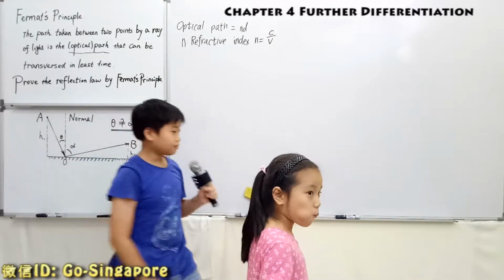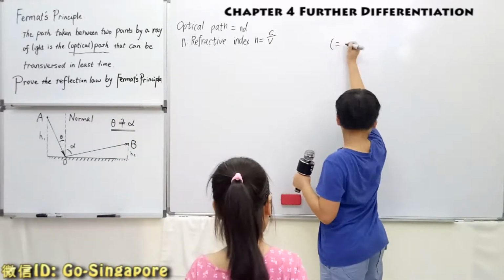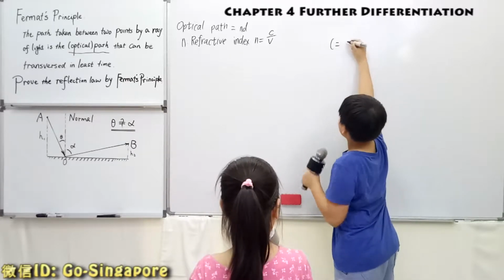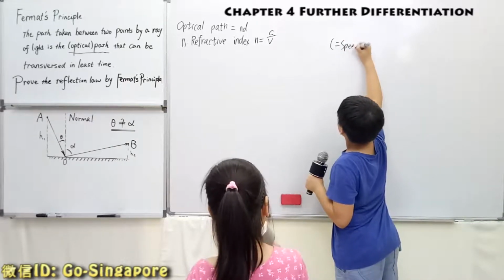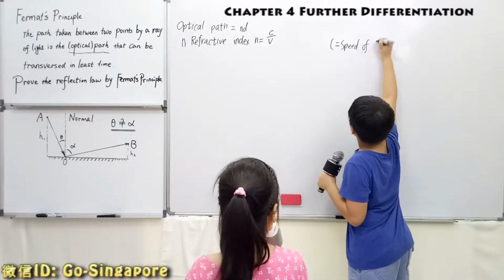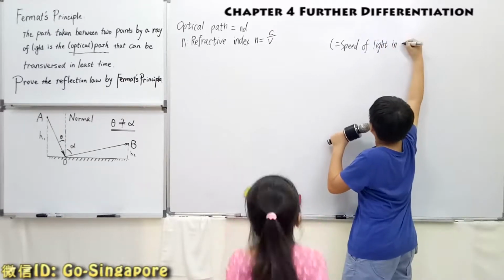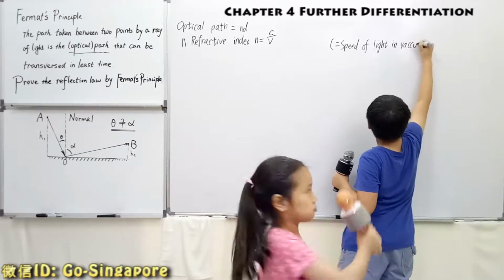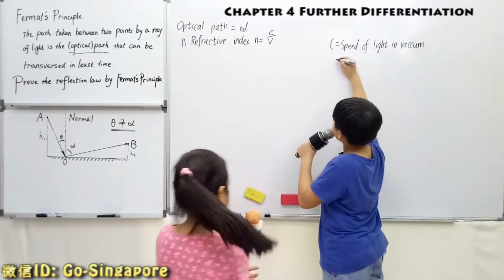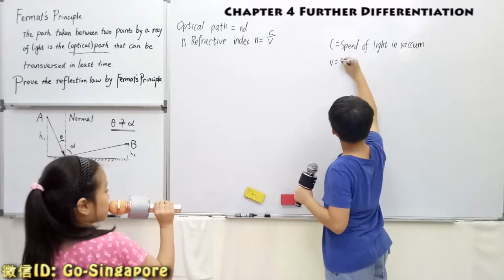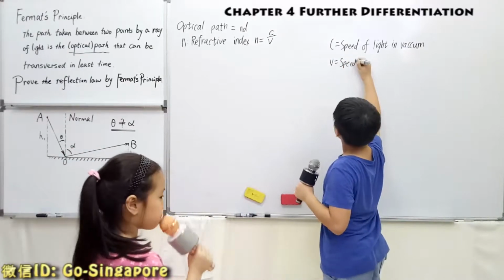What is c? c is the speed of light in the vacuum. Yes, correct, in vacuum. Next, v is the speed of light in the medium.